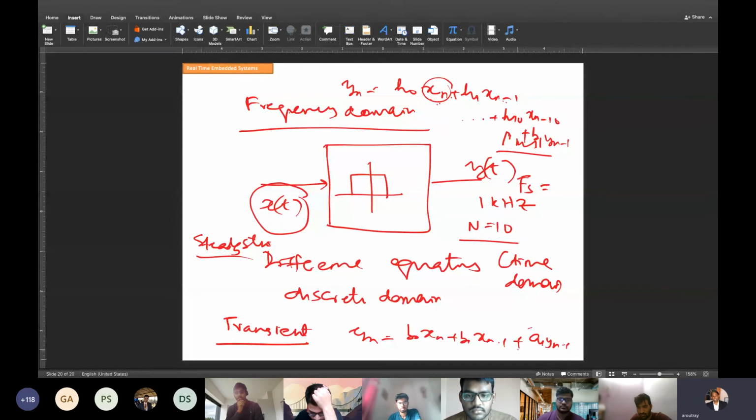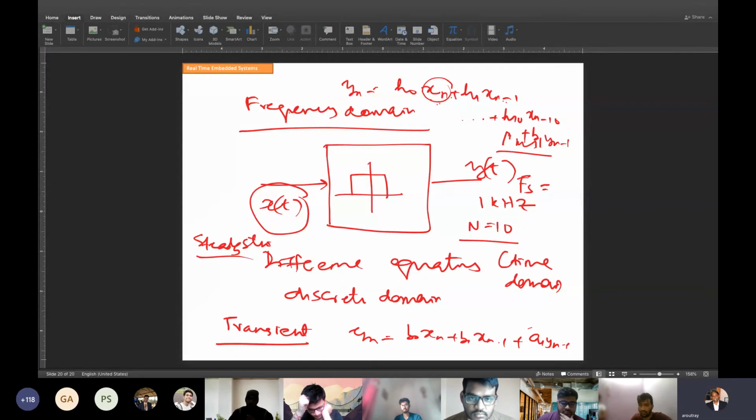So in this case, how much time would the transient last? How much time will it last for this IIR filter? That means there is feedback, the output also getting fed back with A1. So how much time will it last?